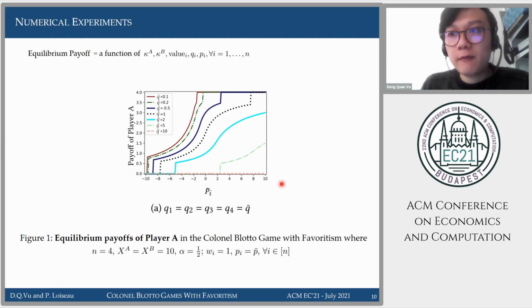So each battlefield will have the value of 1. So the maximum payoff that a player can get is 4, and the minimum is 0. In this plot, the x-axis represents P, which is the pre-allocation in each battlefield. The y-axis is the payoff of player A, and each curve corresponds to a parameter Q, which is the symmetric effectiveness.